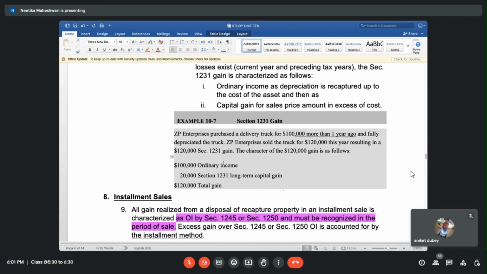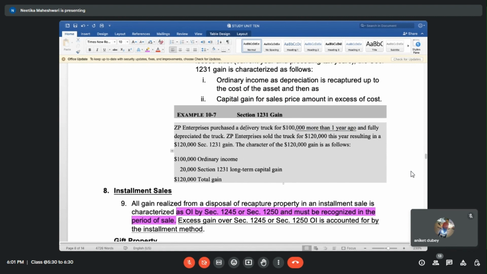The character of the 120K gain was as follows: ordinary income was 100K, and 20K section 1231 long-term capital gain, with 120K as the total gain.